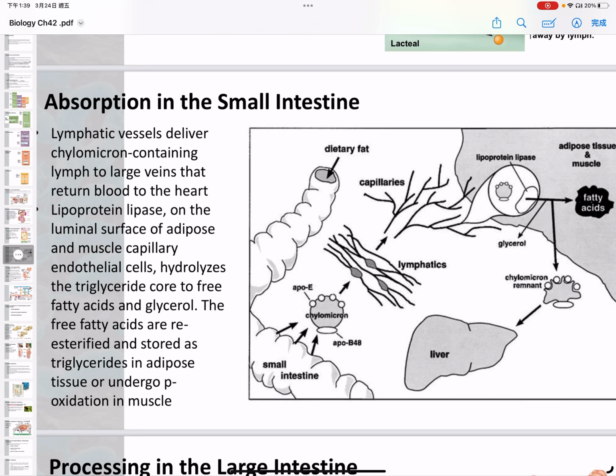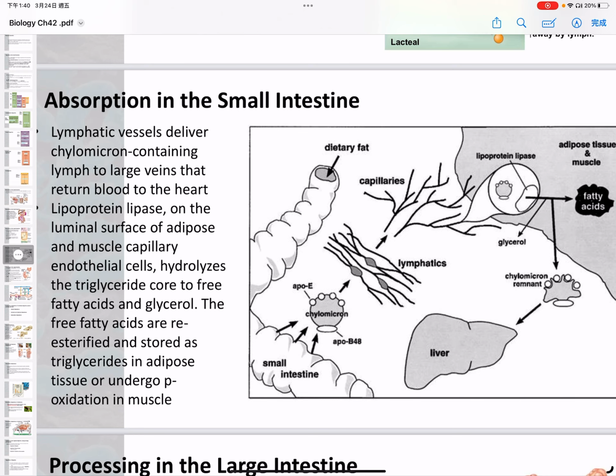And the picture shows how our adipose tissue and muscles use the chylomicron. So when the chylomicron travels to the tissue or muscles, there is an important enzyme called lipoprotein lipase, and it is on the luminal surface of the adipose or on the endothelial cells of our muscle capillary.